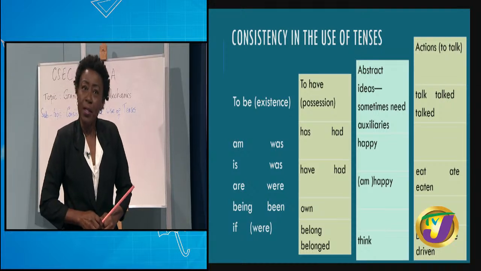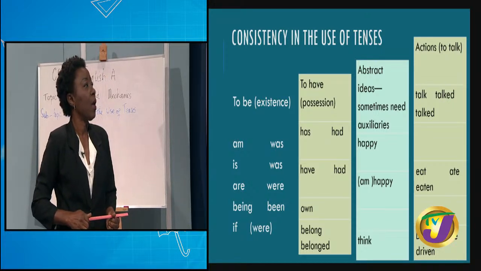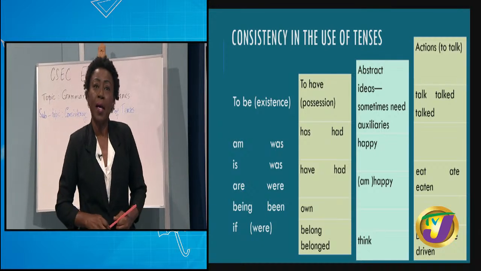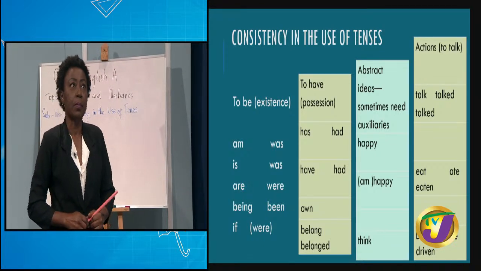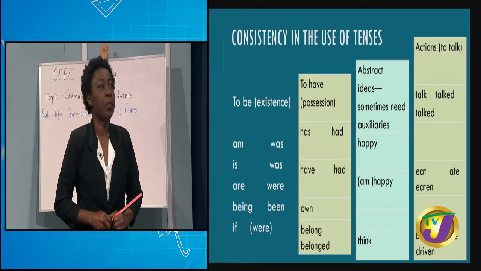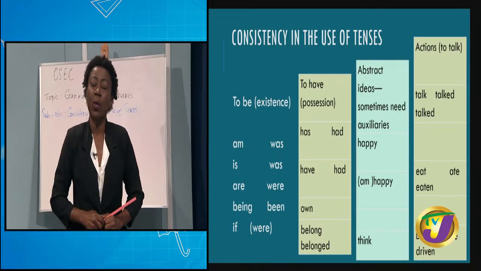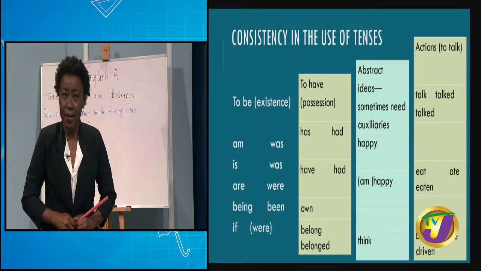When we express possession, okay, we use words such as has, have. And in the past tense, has becomes had, and have becomes had.